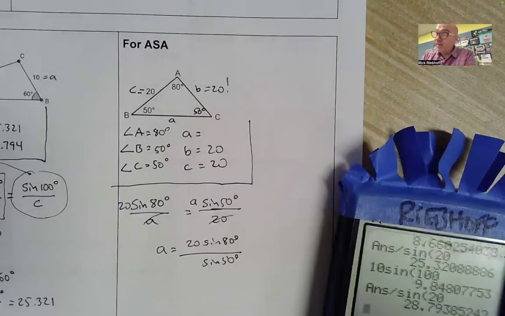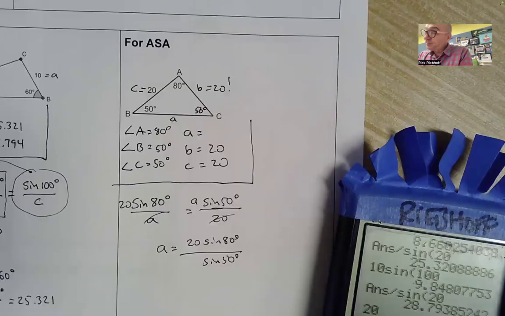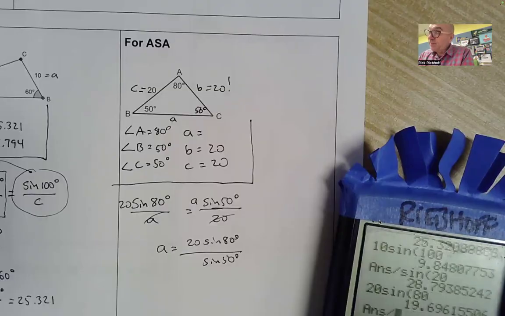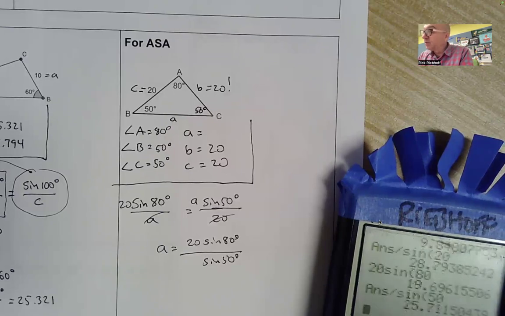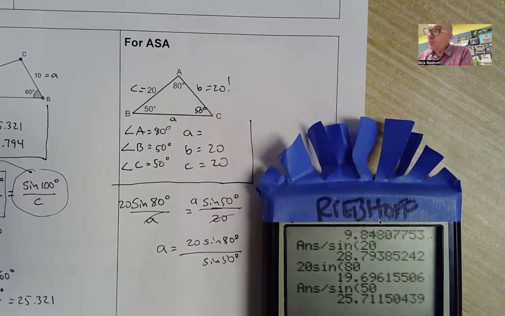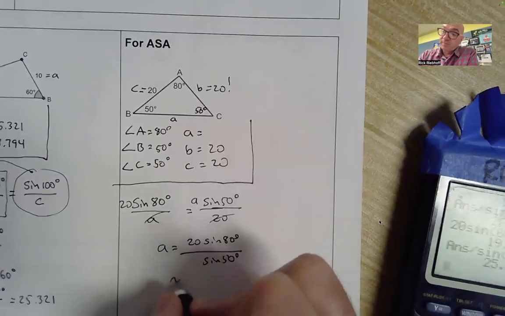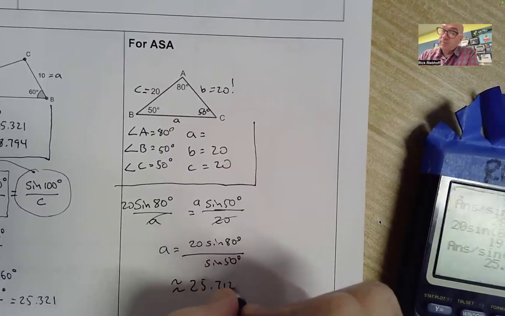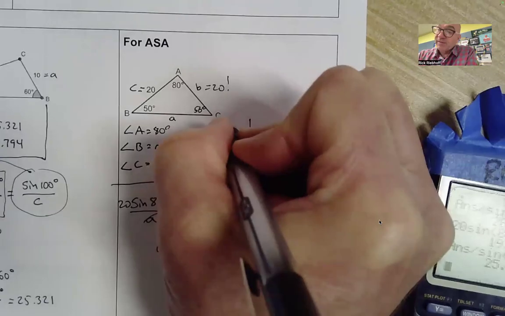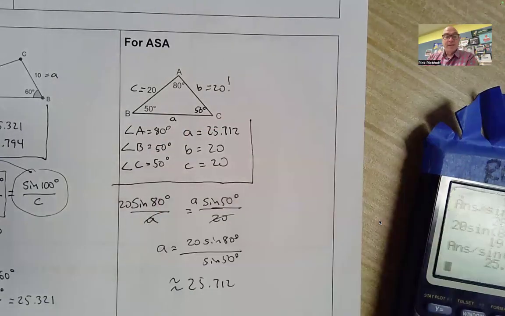And let's plug that in. 20 sine 80 equals divided by sine of 50 equals 25.712. There we go.